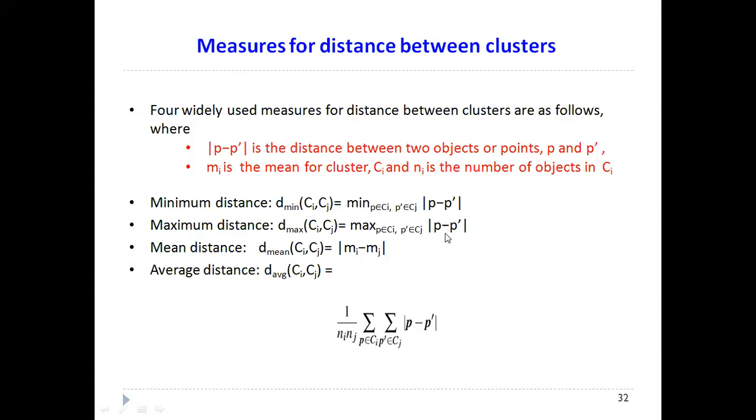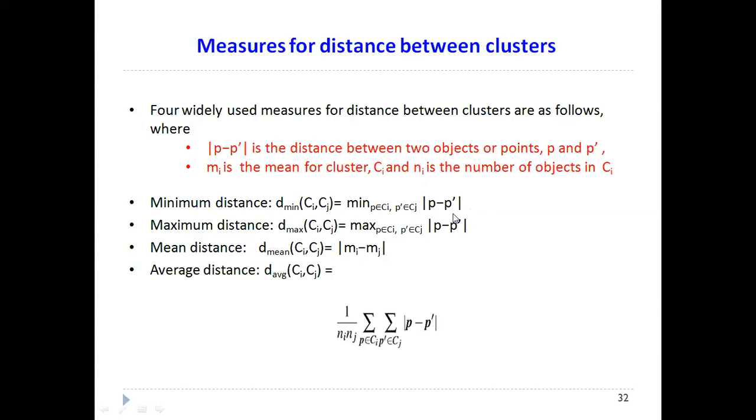Here you take the minimum value of |p minus p dash| in a cluster, and here you take the maximum value. p and p dash are 2 points. For the maximum you take the farthest objects in the cluster, and to calculate the minimum distance, you take the nearest objects in the cluster.